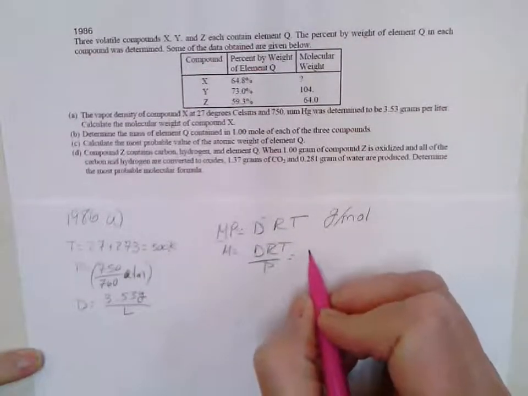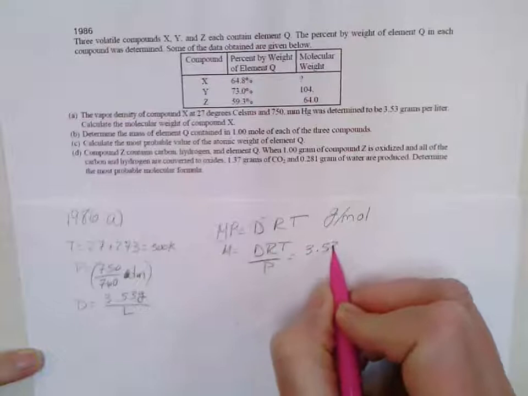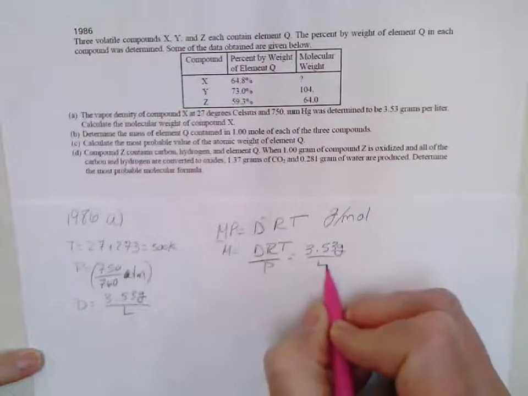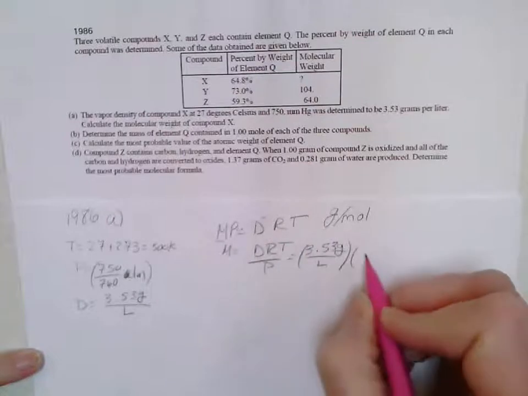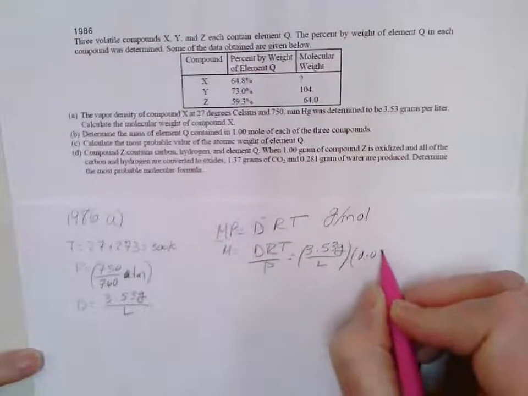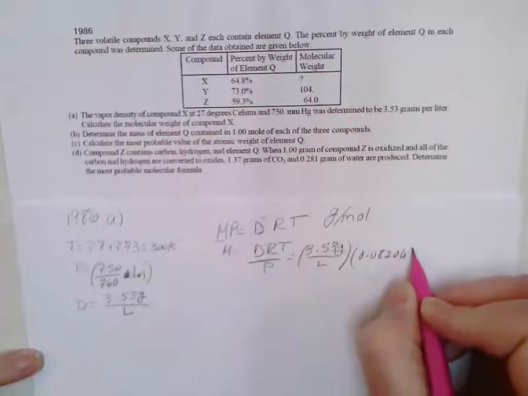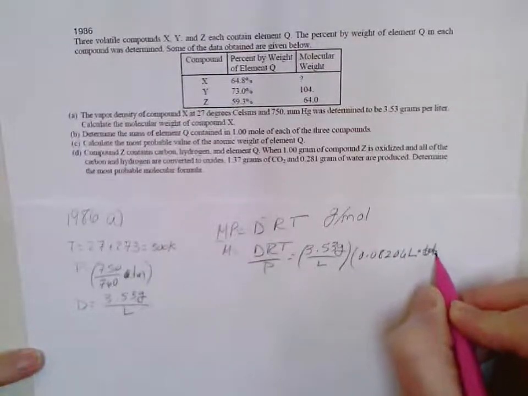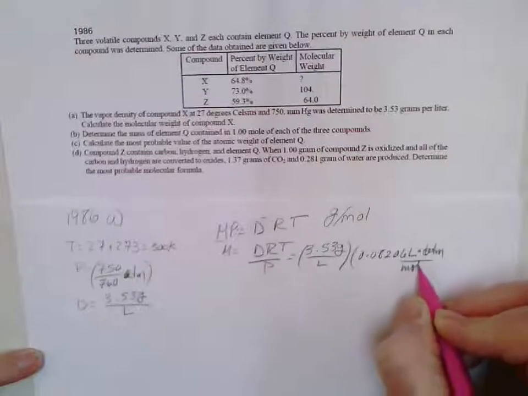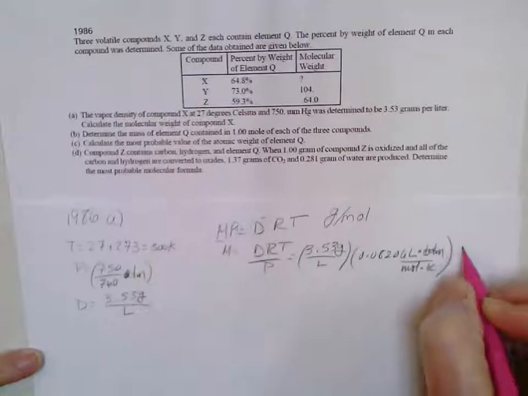So density is 3.53 grams per liter. The gas law constant is 0.08206 liters times atmospheres per mole times Kelvin.